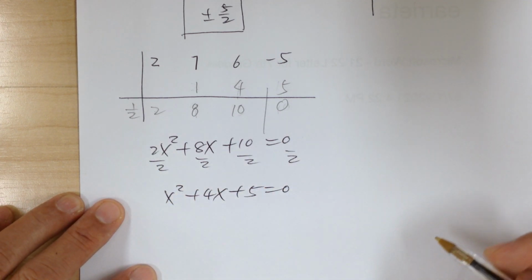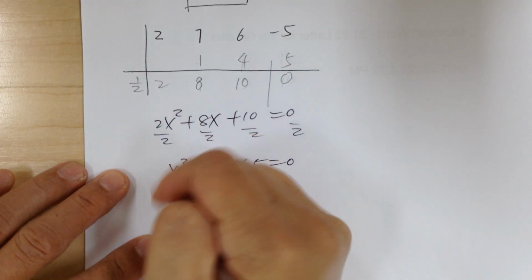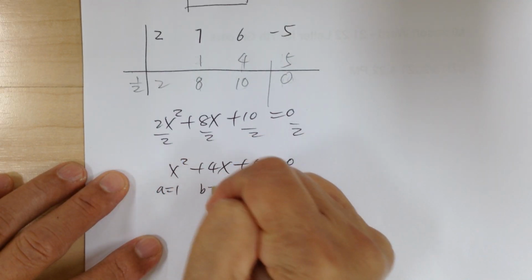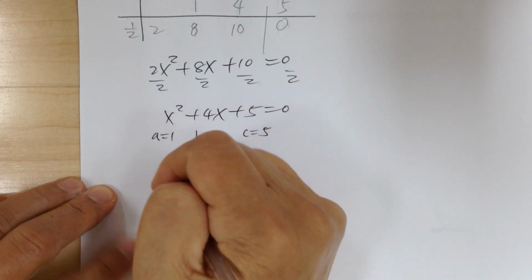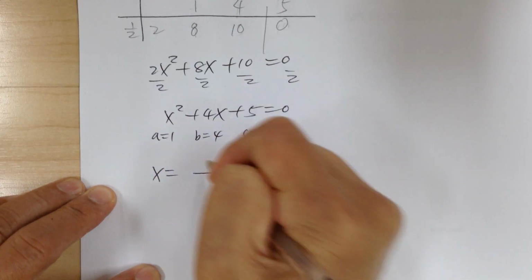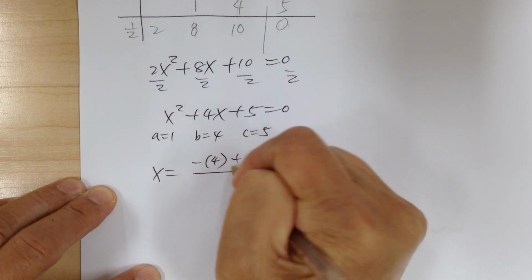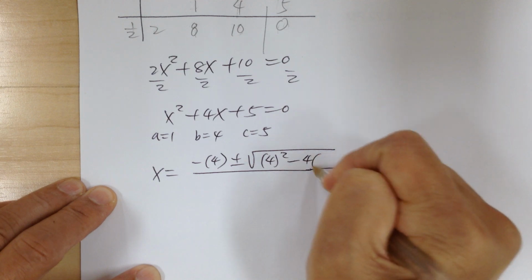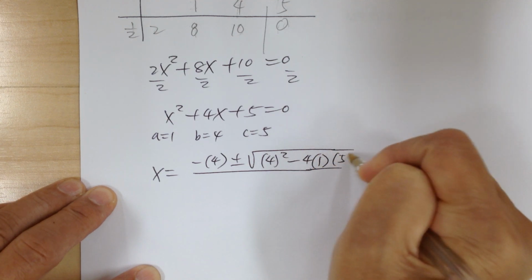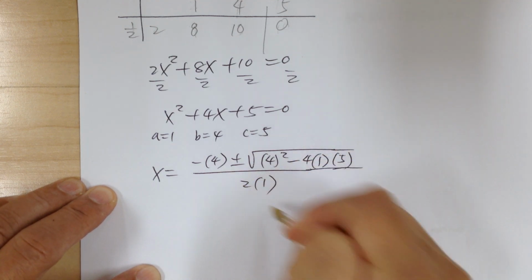And this is not factorable, so I'm going to use the quadratic formula. a equals 1, b equals 4, c equals 5. So x equals negative b plus or minus the square root of b squared minus 4ac, over 2a.